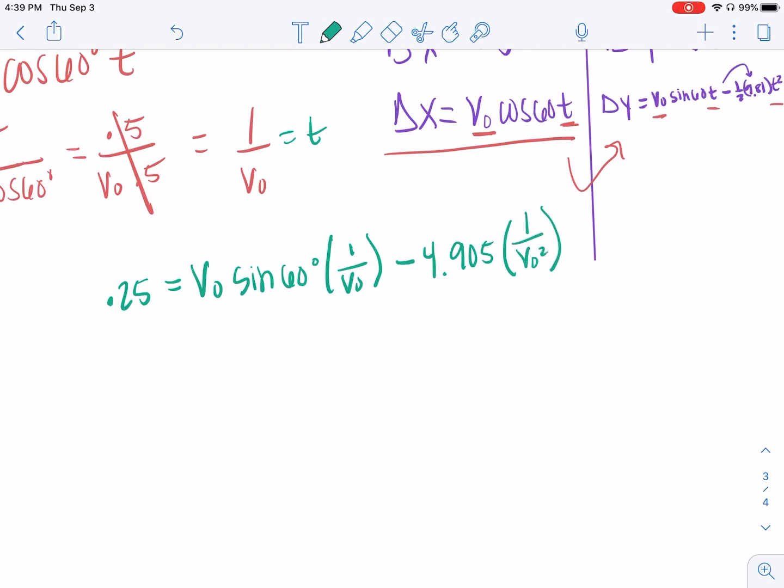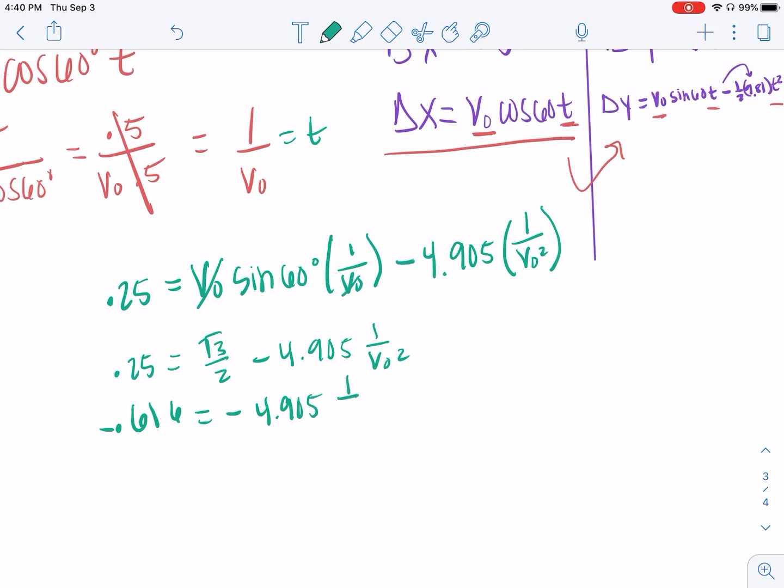Now, the only variable that I have is v naught, so we can actually go ahead and solve for it. Here, they just cancel. Sine of 60 is root 3 over 2. If we do just a little math here, 0.25 minus root 3 over 2, I am using my calculator here, we get negative 0.616 equal to negative 4.905 times 1 over v naught squared.